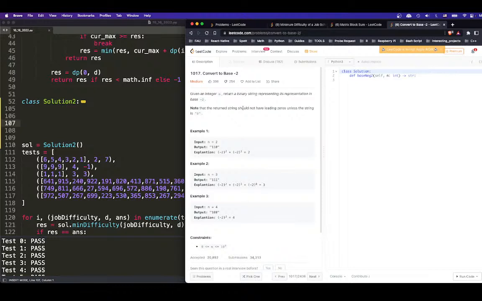So 2 is minus 2 to the 2 plus minus 2 to the 1. So this comes out to be minus 2 to the 4 plus minus 2 to the 3 plus minus 2 to the 1 plus minus 2 to the 0. So that's 1, 1, 1, 1. Right, 7 is 1, 1, 1, 1.